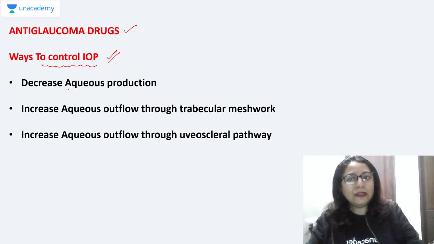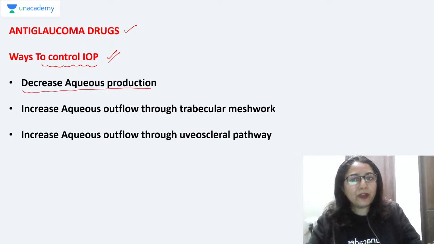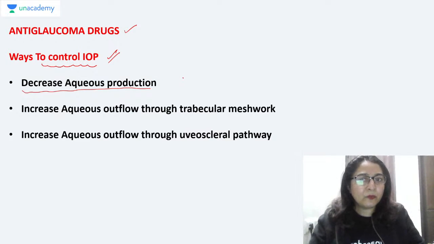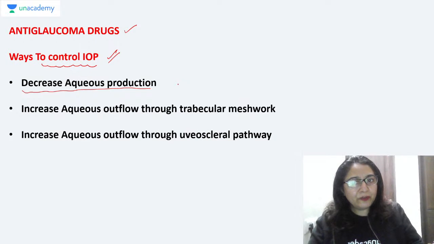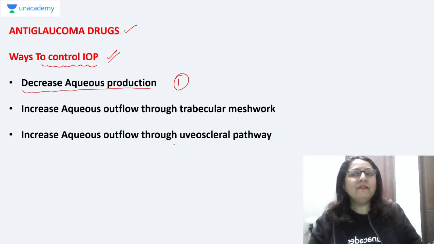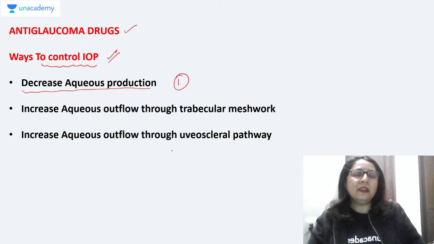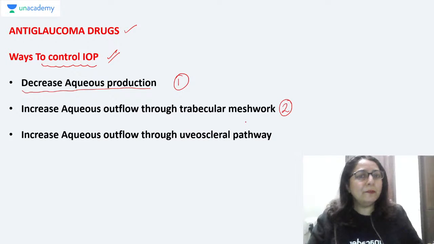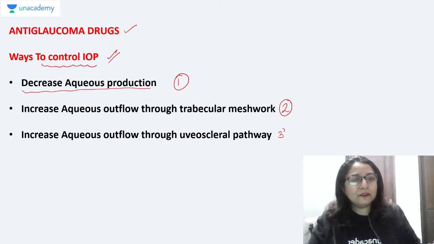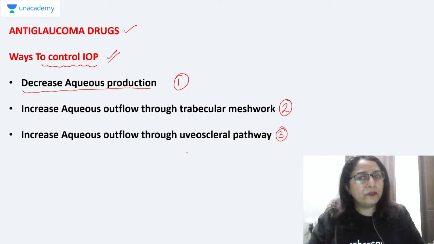Either we can decrease the aqueous production. If less aqueous is produced, intraocular pressure will be controlled. Or we can increase the outflow of the aqueous. Increasing outflow can be achieved by increasing it through the trabecular meshwork pathway, which is our main pathway, or increasing it through the uveoscleral pathway also will help.